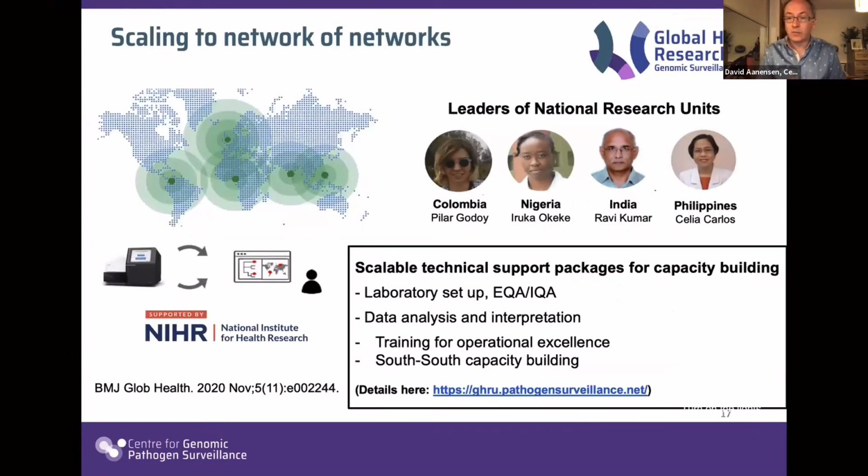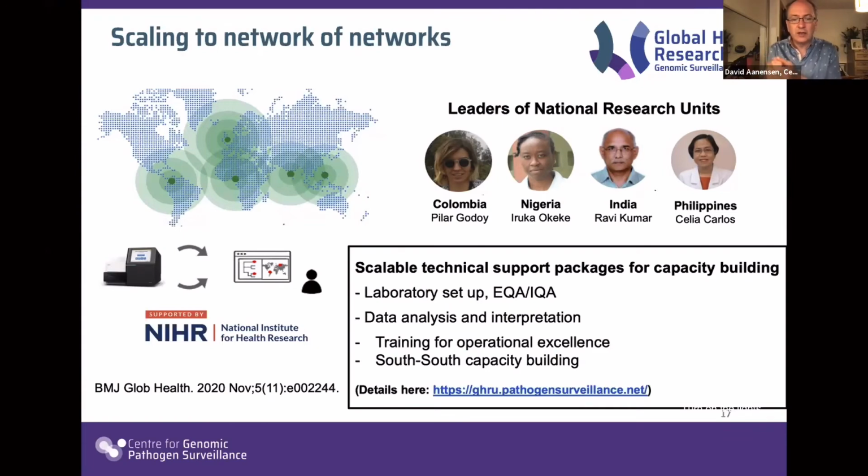And this work that Celia has driven is being expanded to focus on technical support for the implementation of the technology, the genome sequencing, but also the data interpretation and those methods that I've just very briefly touched on. This is a project that's been ongoing for three years with groups in India, Nigeria, and Colombia.